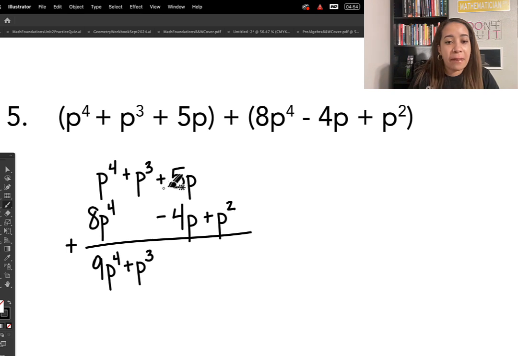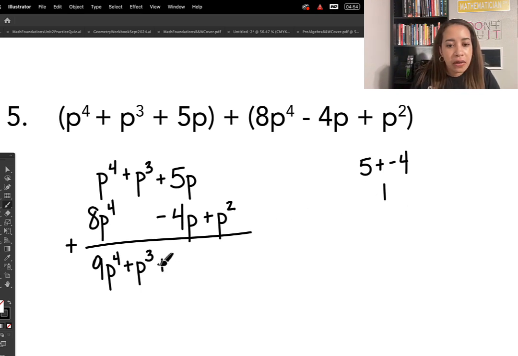Next, we've got a positive 5 plus a negative 4. Since they have different signs, we subtract the numbers. 5 minus 4 gives us 1, and our higher absolute value was positive. So we do get a positive 1p. We know that 1s are usually invisible if they are in front of a variable.